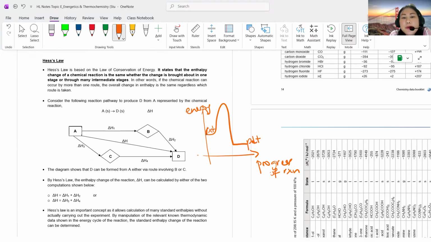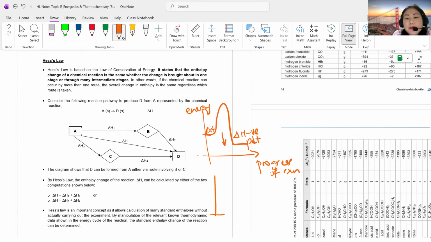So our reactant contains more energy than our product. So there's a net amount of energy that has to be given out, and it will be given out as heat. So the enthalpy change over here is negative. So this is an exothermic reaction.